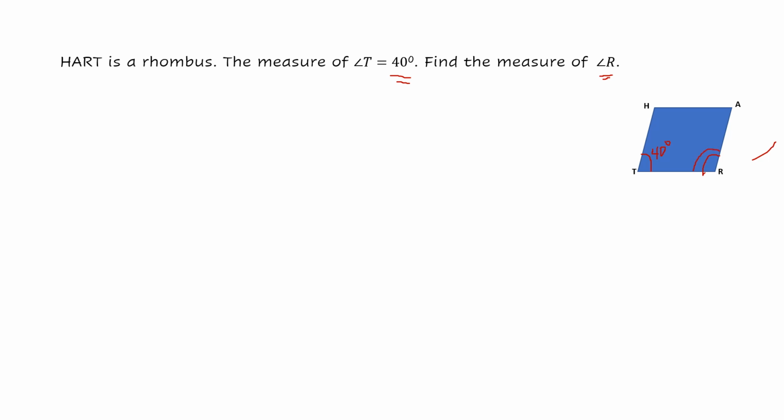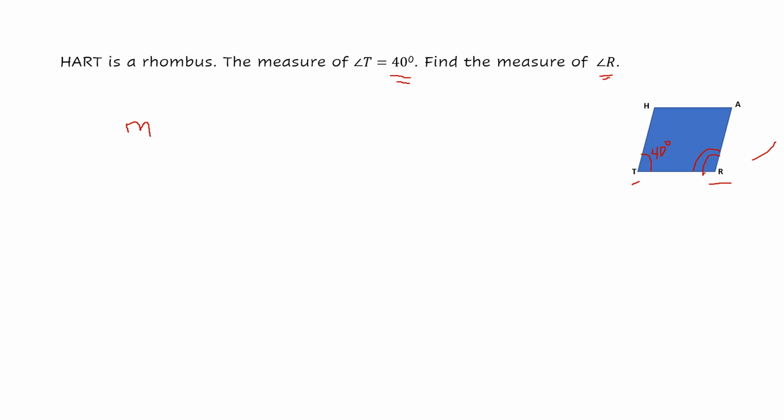Remember that for a rhombus, any consecutive angles are supplementary. Since angle R and angle T are consecutive, their measures will have a sum of 180 degrees because they are supplementary.